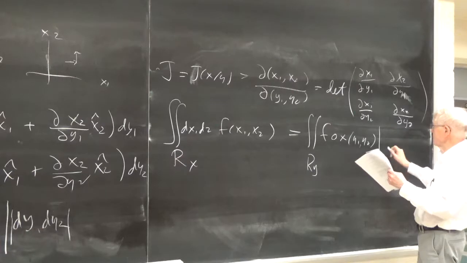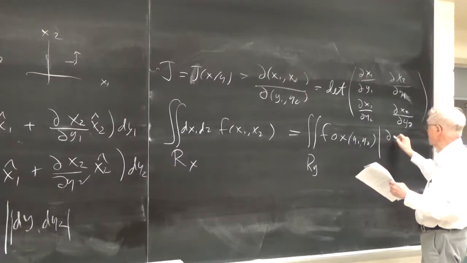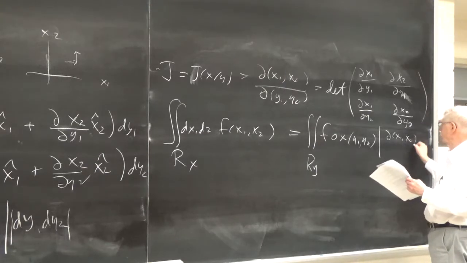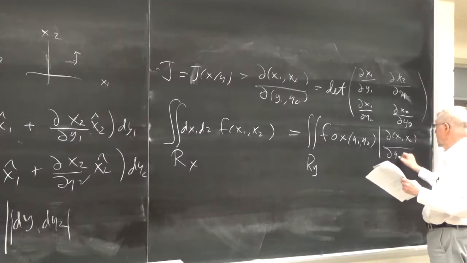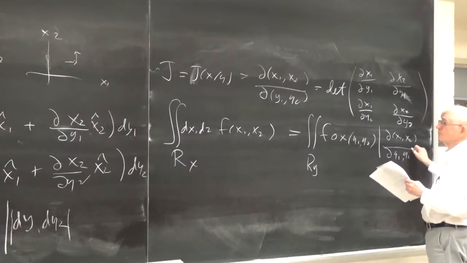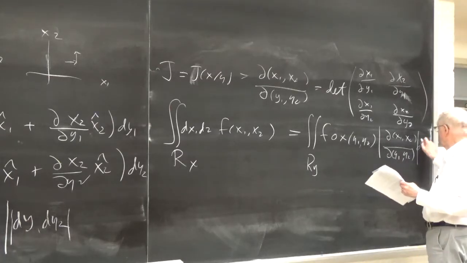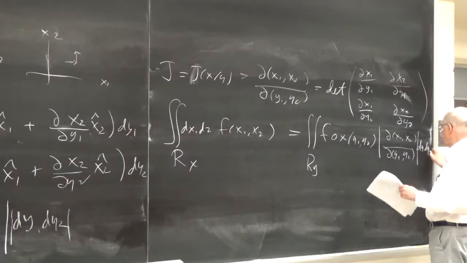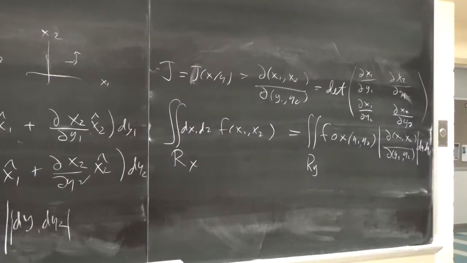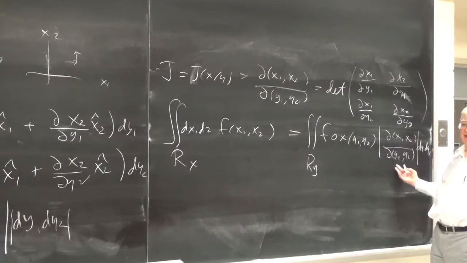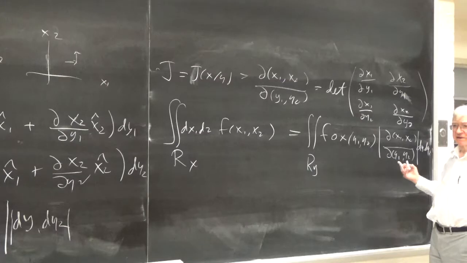What you put in here is the absolute value of the determinant of the Jacobian, dy1, dy2. So in other words, you integrate over the corresponding region in y space, but you multiply by the Jacobian. Is that a question?